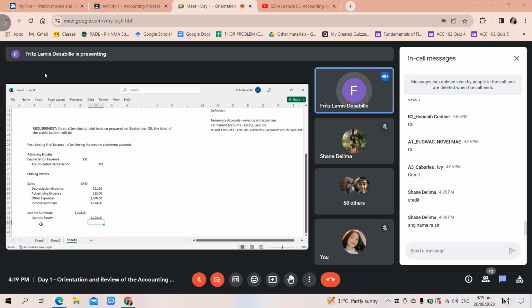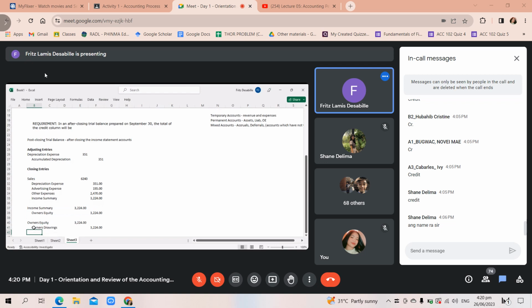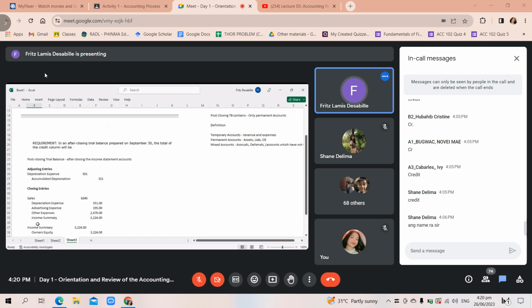And closing of the drawings account to the owner's equity account, to 730.